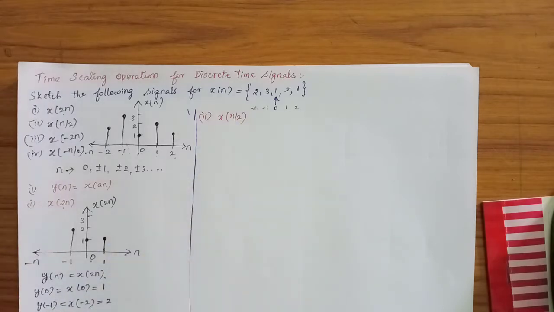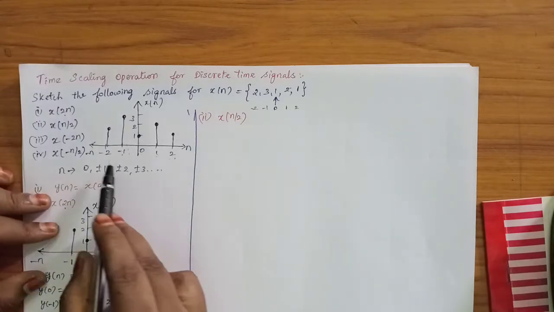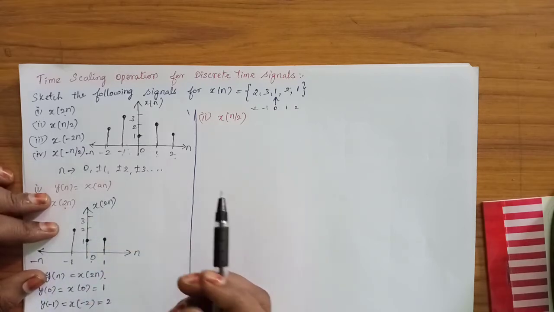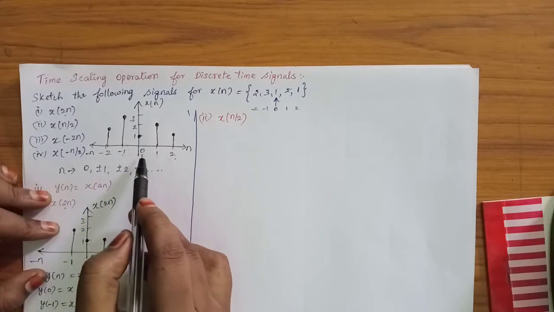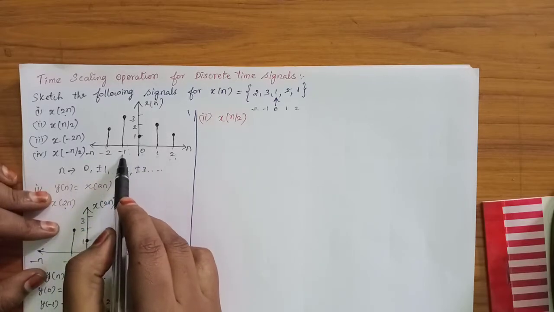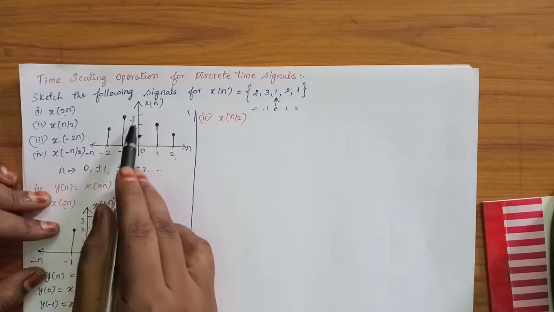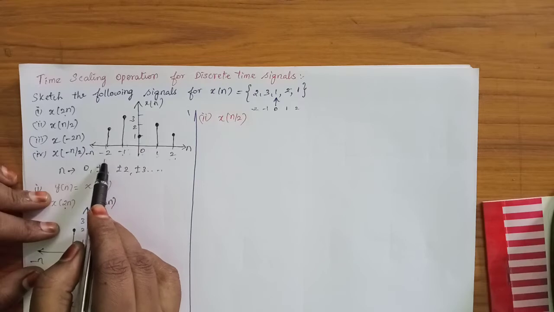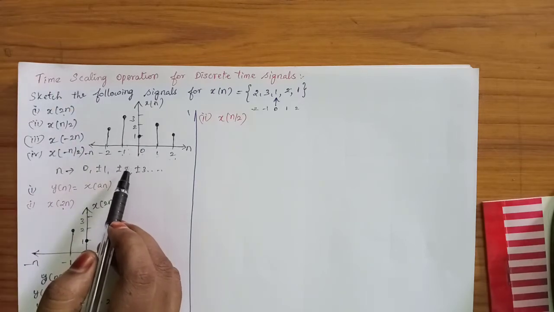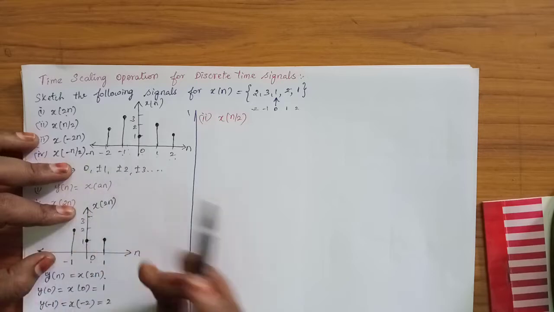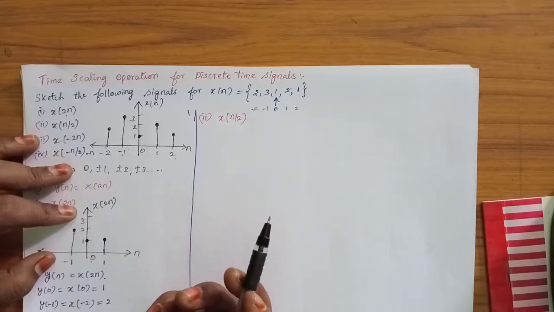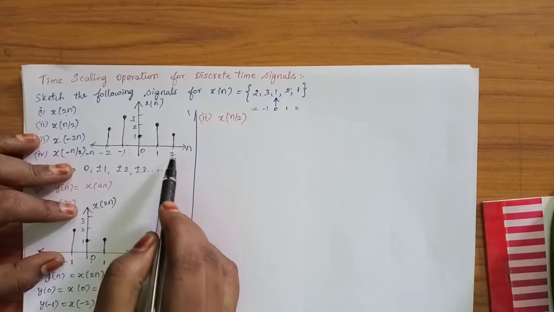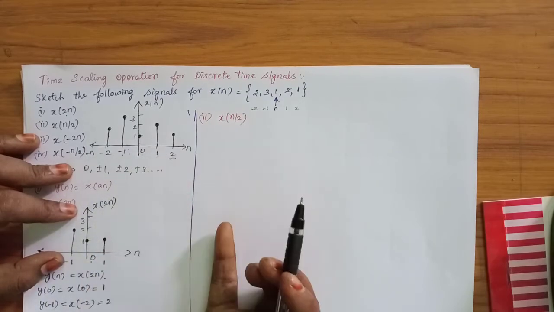Dividing the limits by 1 by 2 is equal to multiplying the limits by 2. So if I multiply the limits, 0 into 2 is 0. Minus 1 into 2 is minus 2, so this sample will get moved to minus 2 position. And minus 2 into 2 is minus 4, so this sample will get moved to minus 4 position. At minus 1 and minus 3, we don't have any samples. Similarly, this sample will get moved to 2 position and this sample will get moved to 4 position. At 1 and 3, we don't have any samples.